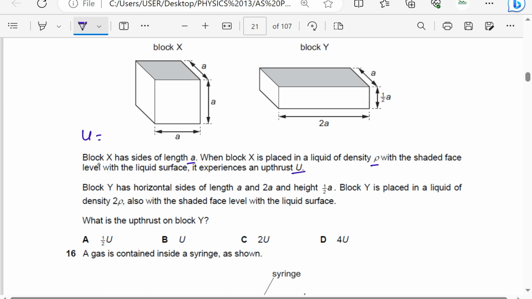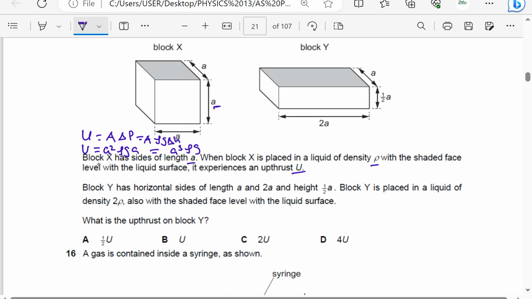Remember, upthrust is cross-sectional area times difference in pressure, that is cross-sectional area times density times g times difference in height. So the upthrust U is the cross-sectional area, which is A times A, that is A squared, times density rho, times g. Then the height is also A, so this is A cubed times density times g, that is U.